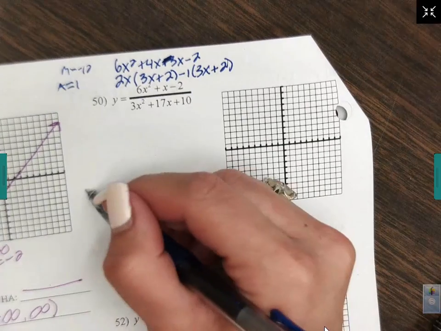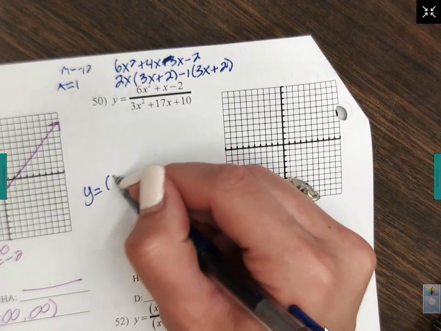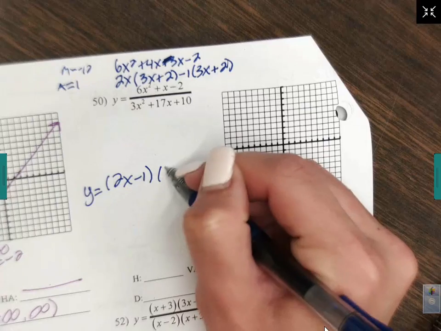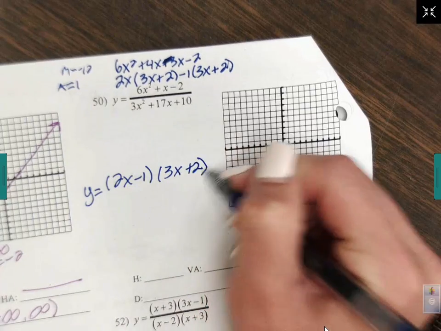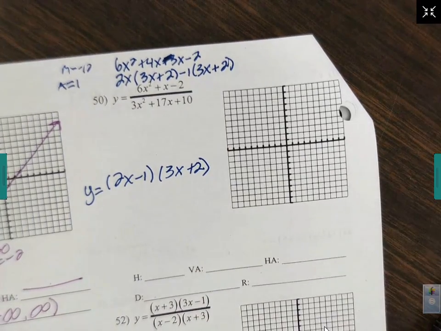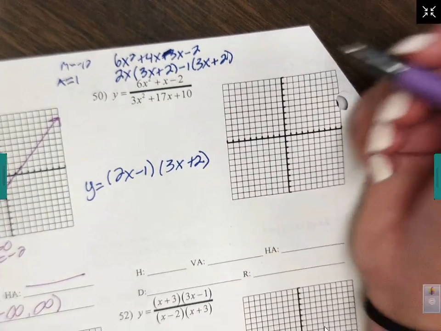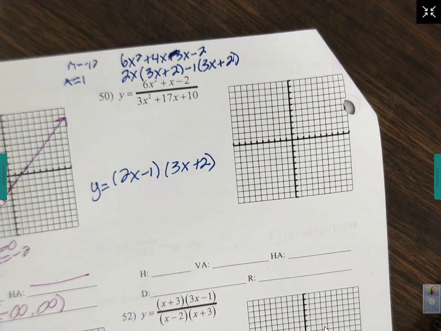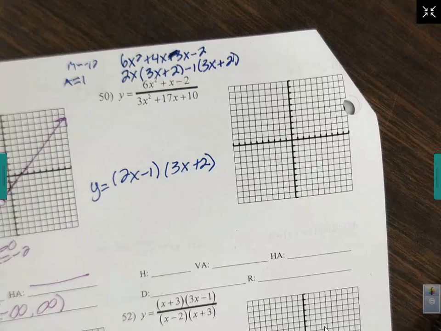All right, so our final two factors are going to be 2x minus 1 and 3x plus 2. Okay, the next thing we're going to do is factor out the denominator. On the denominator, we're multiplying to equal 30 and adding to equal 17. Can we think of those two? 15 and 2?